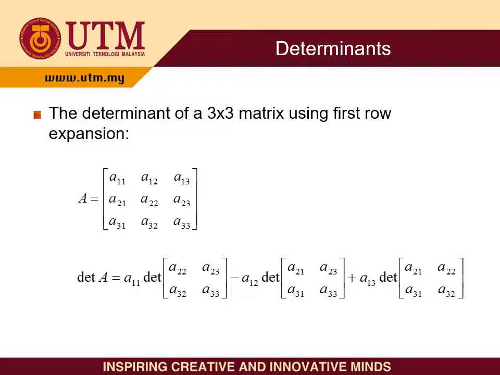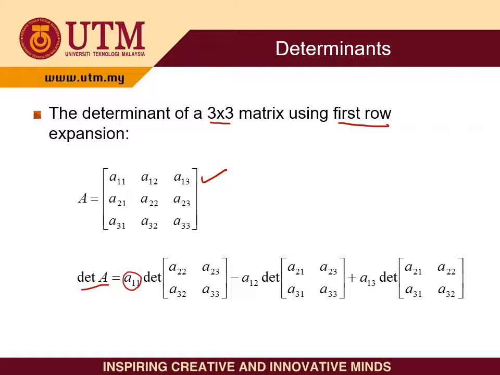As I mentioned, this example asks to find the determinant of a 3 by 3 matrix using the first row expansion. So where is the first row? This is the first row, right? So find the determinant of this matrix using expansion of the first row. So determinant A is equal to A11.